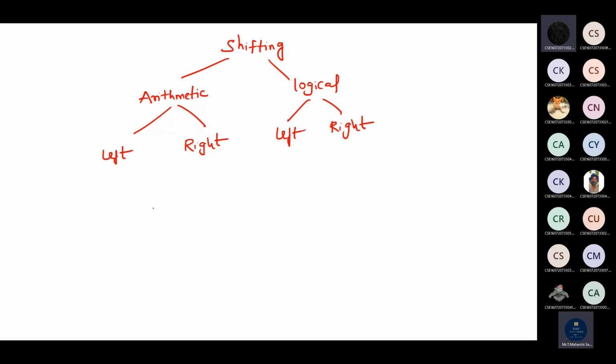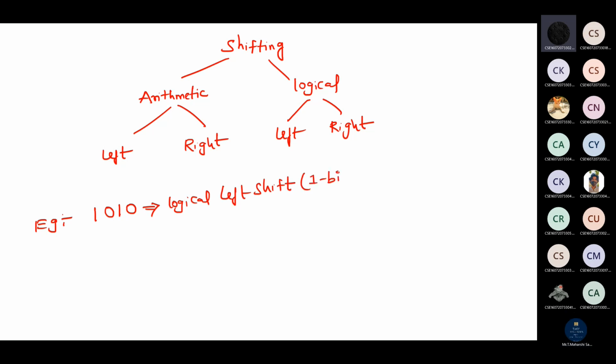Now let me give an example using the same concept of 4 bits. Let us take the example of 1010. For this I want to perform logical left shift by 1 bit, meaning only one time I have to do left shift.